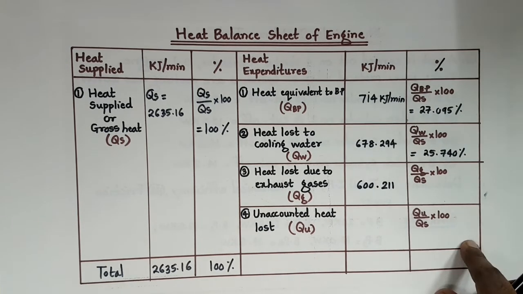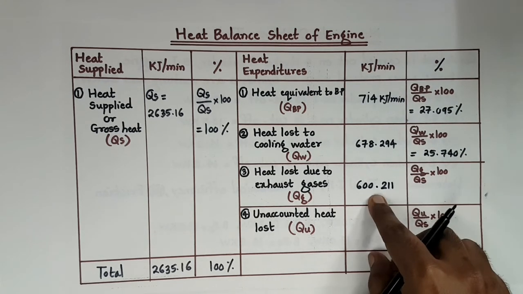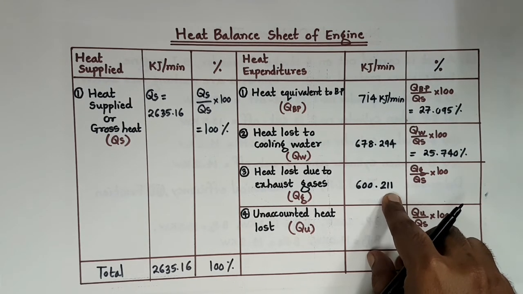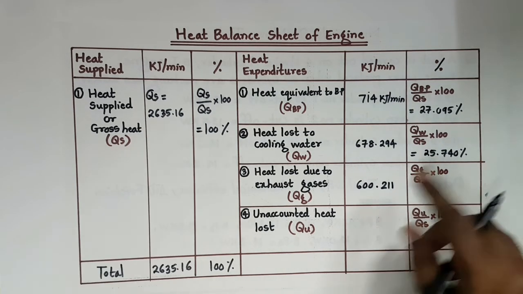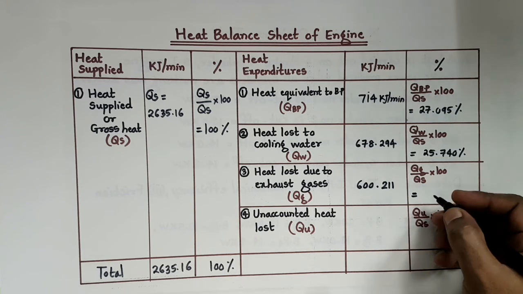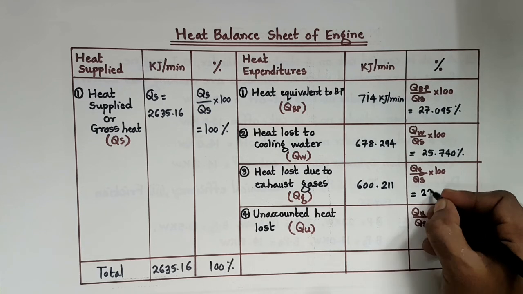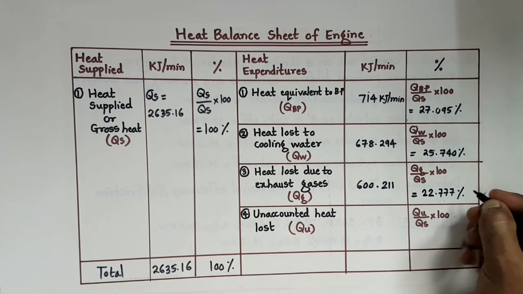Then heat lost due to exhaust gases, Qg, already found as 600.211. To calculate the percentage, we'll divide Qg by Qs: 600.211 by 2635.16. We'll calculate it in percentage as 22.777%.